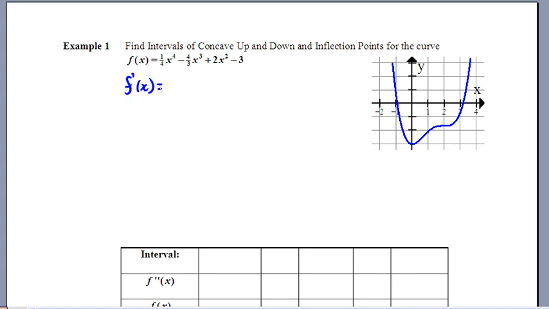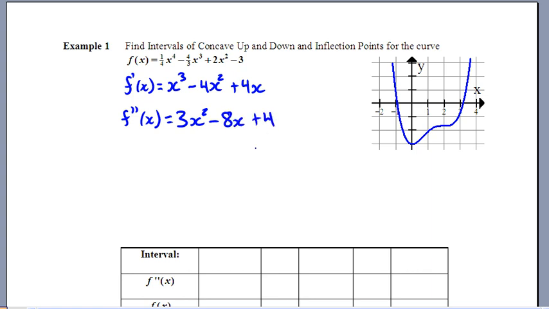After one derivative, I would be looking at, oh, this is actually going to be quite nice. This is going to be x cubed minus 4x squared plus 4x, and that's it. And then I do one more derivative. So my second derivative is going to end up being 3x squared minus 8x plus 4.